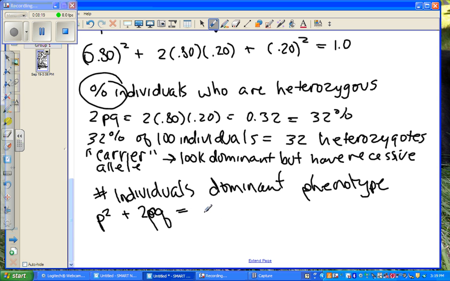Here p is 0.8, so we're going to have 0.8 squared plus 2 times 0.8 times 0.2, and this value will give us the percent or proportion of individuals that have the dominant phenotype.